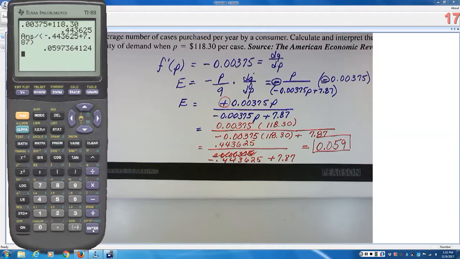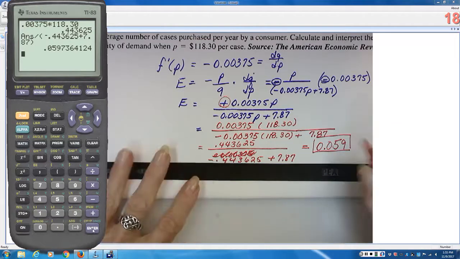Now, since E is between 0 and 1, what does that tell us about the elasticity? It's inelastic.